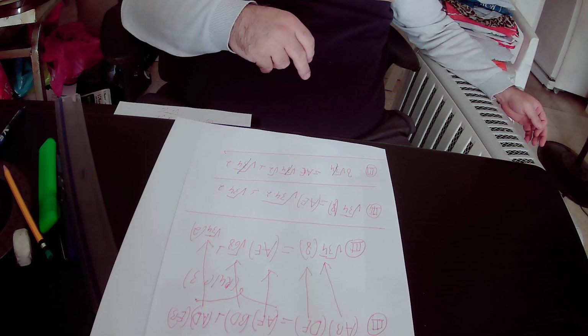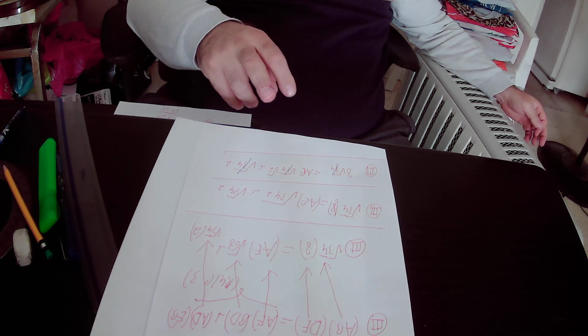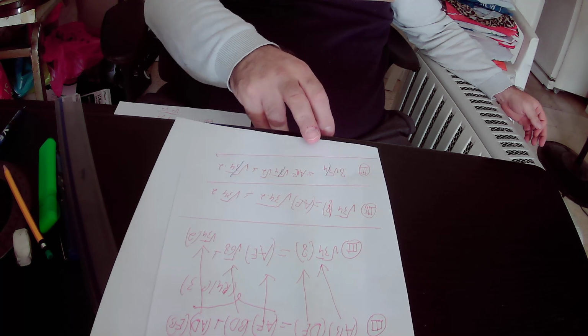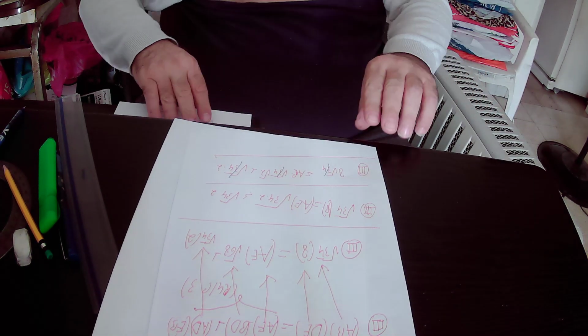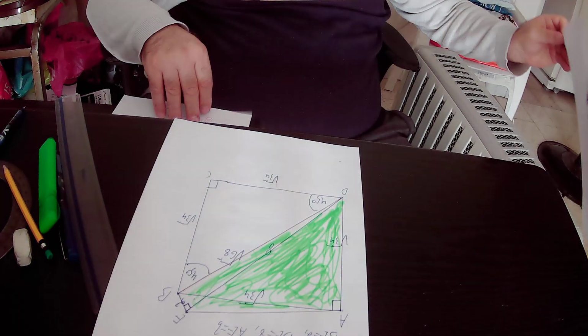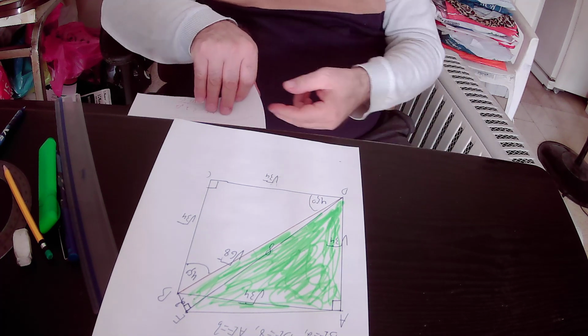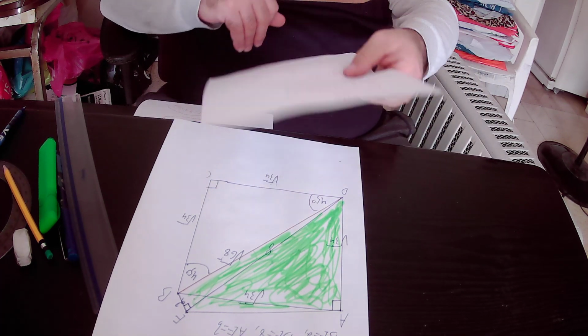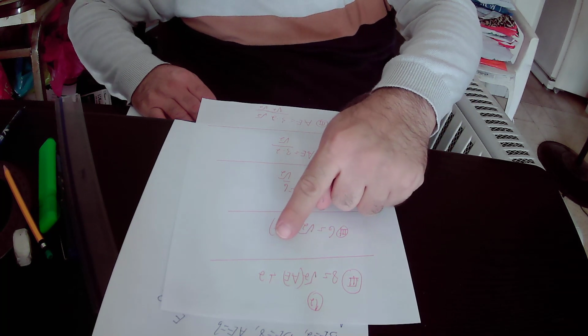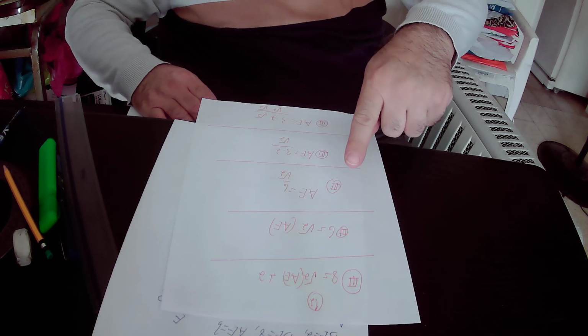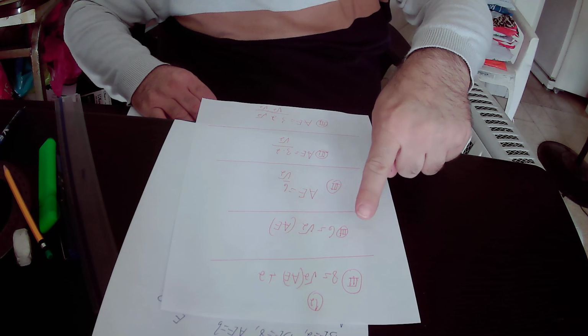Okay, so we divided equation number 3 by square root of 34, and we got this equation, that 8 equals square root of 2 times AE plus 2. Here we subtracted 2 from equation number 3.